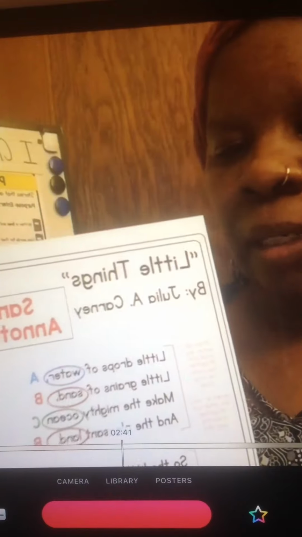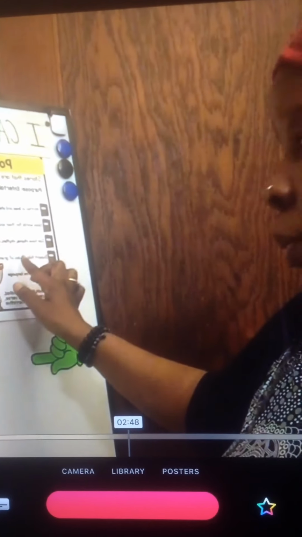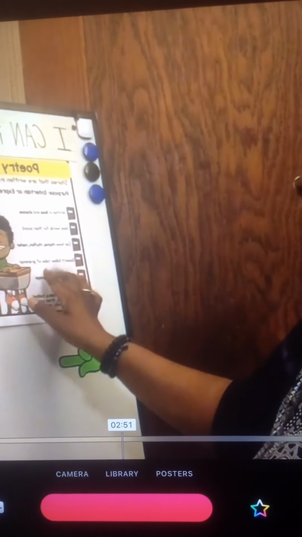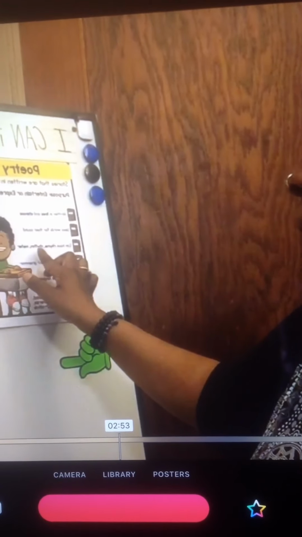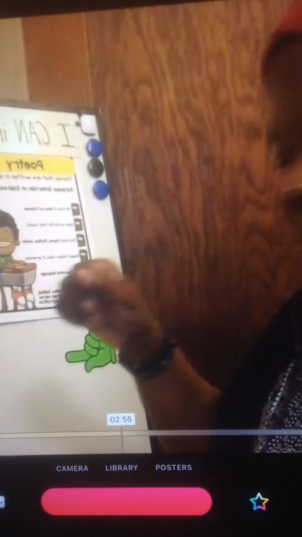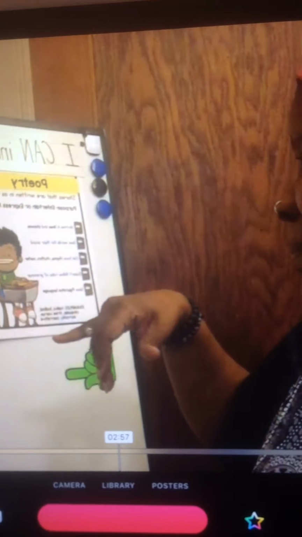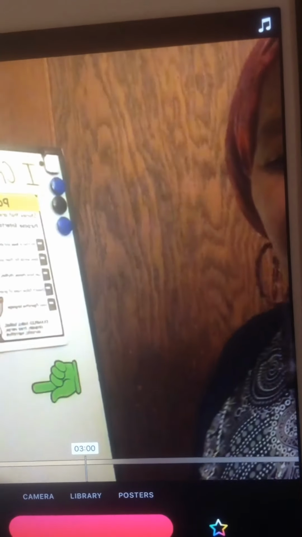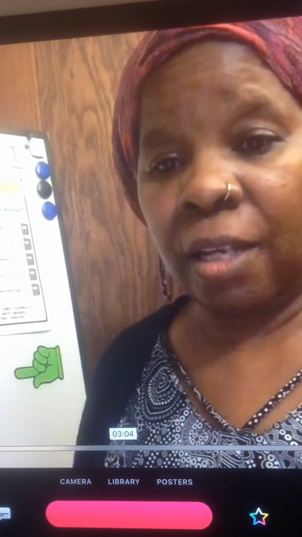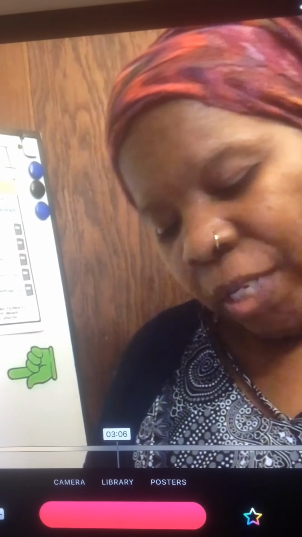So annotation means that we're going to look at the lines and stanzas, the words that the poems use, and we're going to be looking at the rhyme scheme. Right now, I don't want you to emphasize figurative language because we haven't gotten into that yet, so don't be that concerned about it.